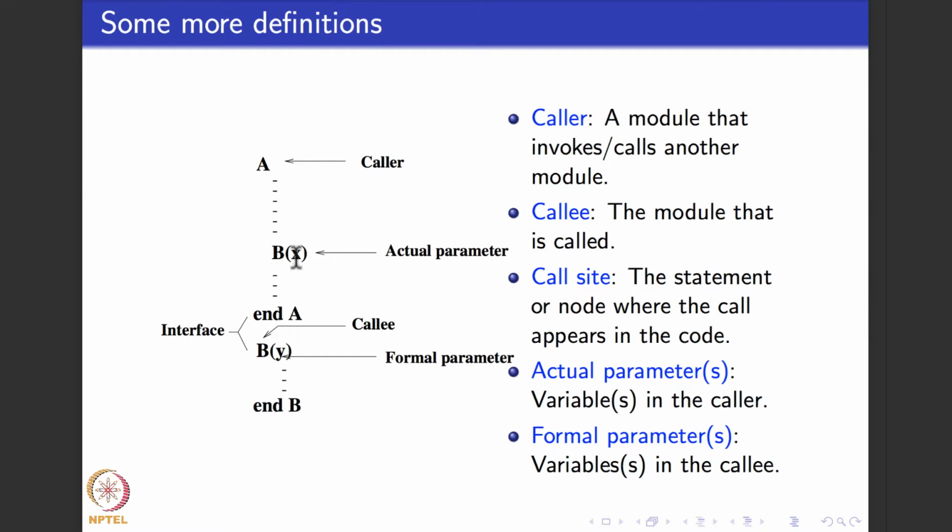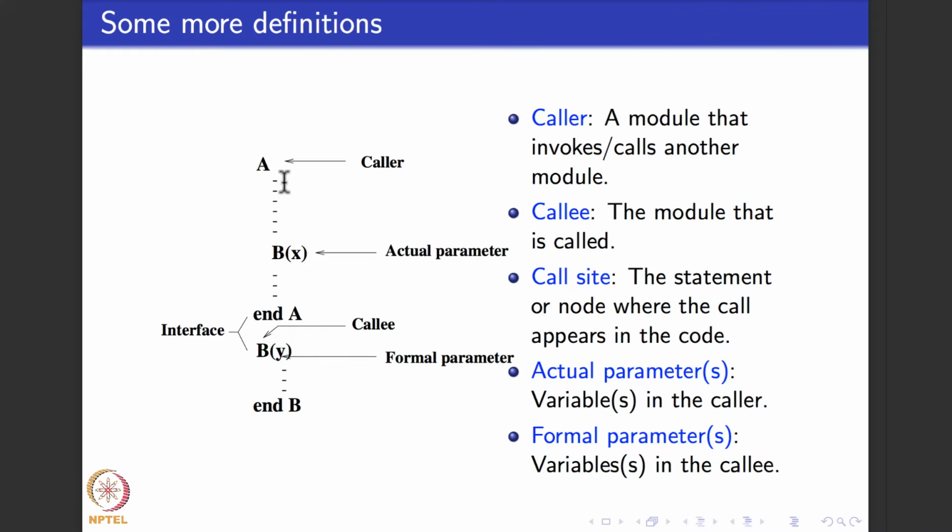A calls B with the actual parameter X, and it's passed to B as Y, which is the formal parameter. Strictly speaking, X and Y are the same value, but they take different variable names. I need to remember that X in A is the same value called Y in B.